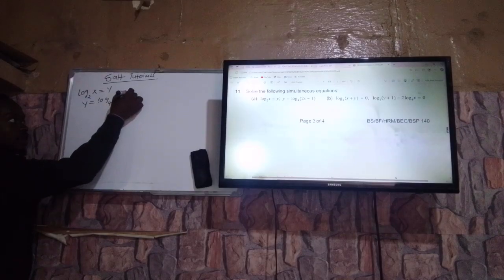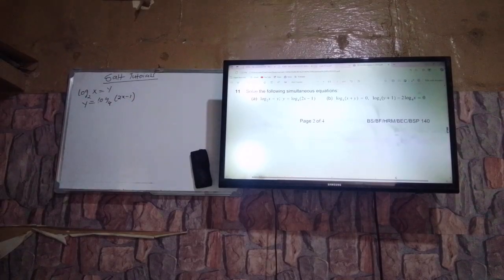of 2x minus 1. Simultaneous equations are basically equations which always move in pairs, 2 by 2. So we want to find the variable x, and we also have to find the variable y.